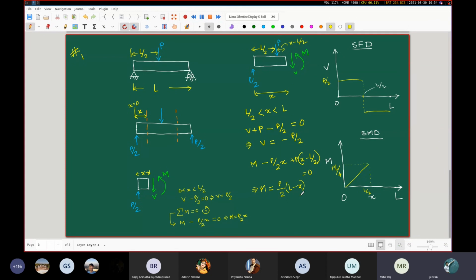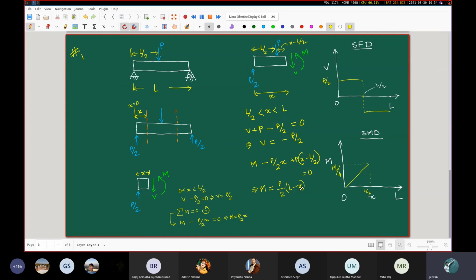Sir, it will start from that point only. Yes, because when you put x equal to L by 2 here, it becomes PL by 4 again, the same value as this. So there is no discontinuity for the M now. And when you take x equal to L, this entire thing becomes 0. So the bending moment at the right end is actually 0, which makes sense.